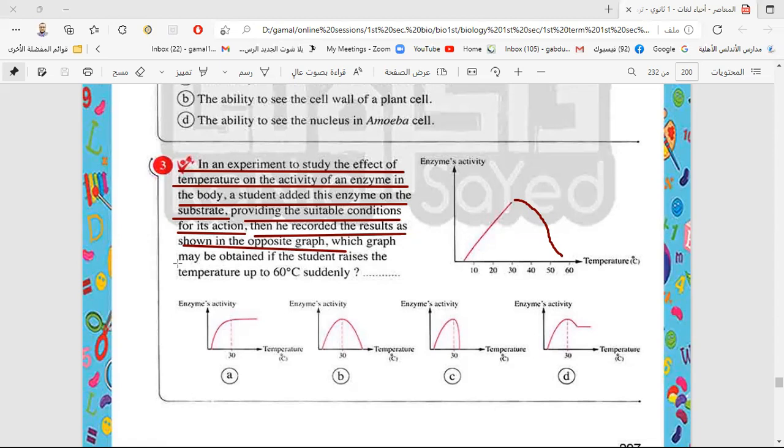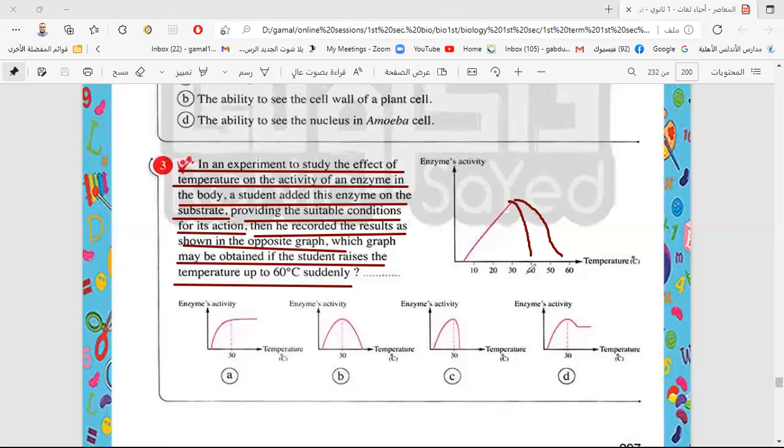Then he asks which graph may be obtained if the student suddenly raises the temperature to 60. Is it like this or like this? It's like B. Or like this?